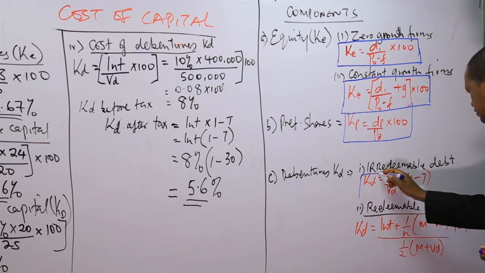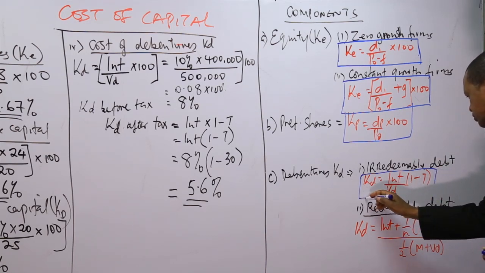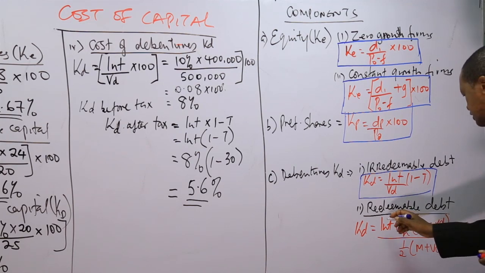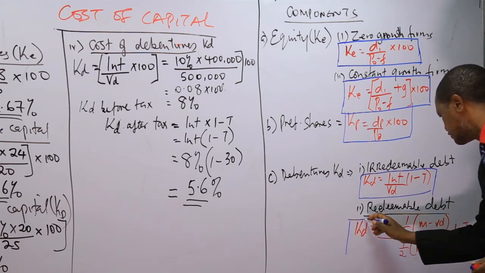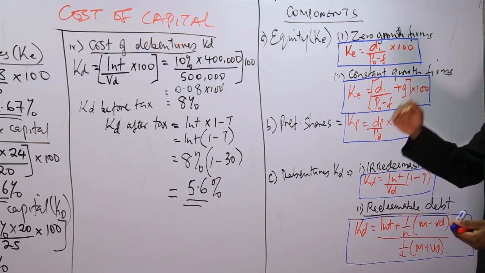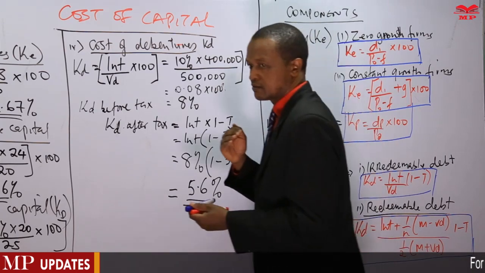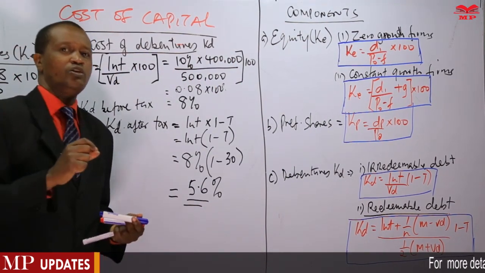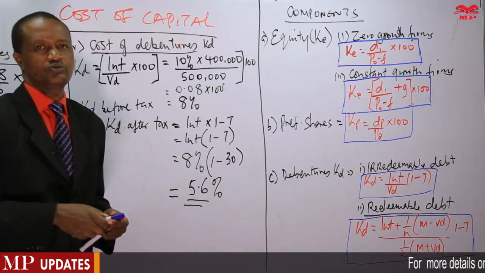Then we have that other formula for irredeemable debentures. And lastly, we have this formula for redeemable debt, which you also need to master. So that is what we have learned today. We have learned how to calculate the cost of the different components of capital.